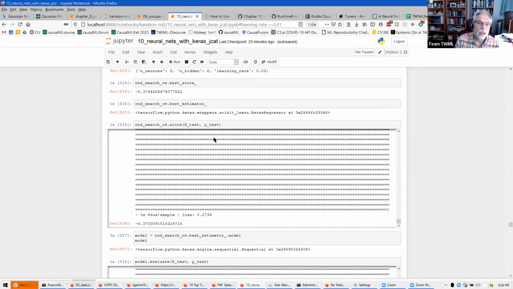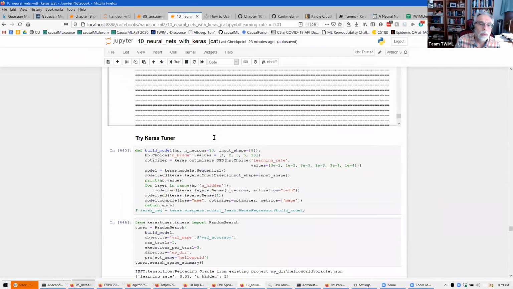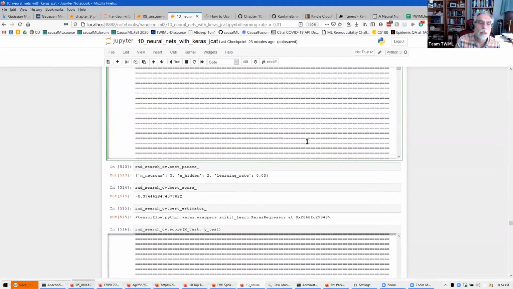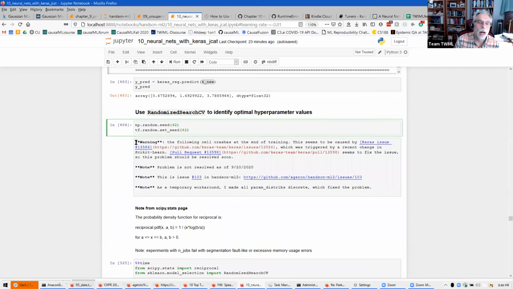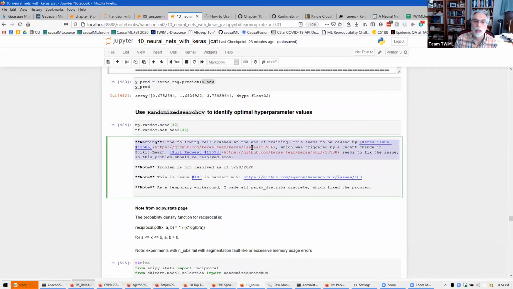I had some comments here and they seem to be gone. Oh, here we go. This is the comment he gave: the following cell crashes at the end of training, and it's caused by a Keras issue, number 13586. It turns out that issue, if you go there, has not been resolved yet. I just went there today, September 30th, and it's not resolved.